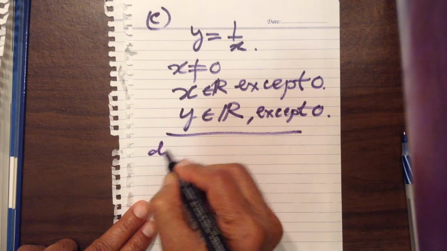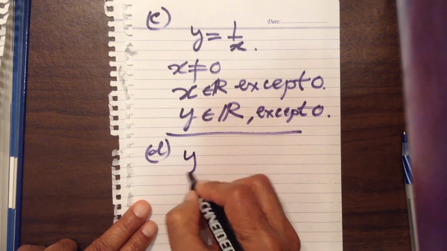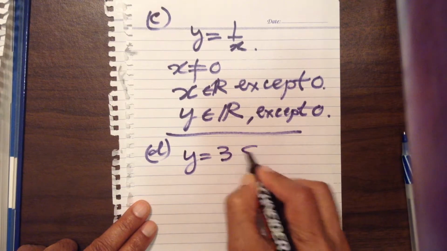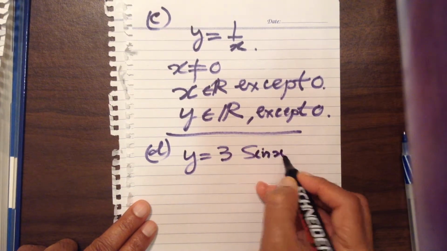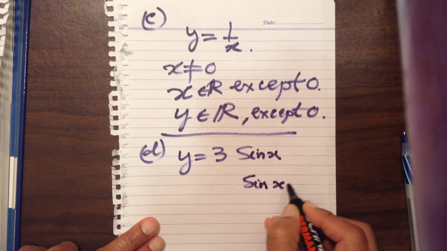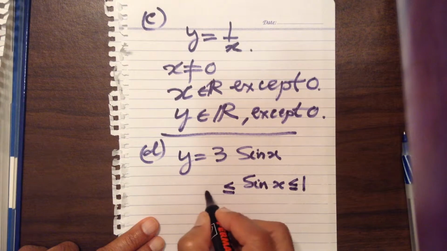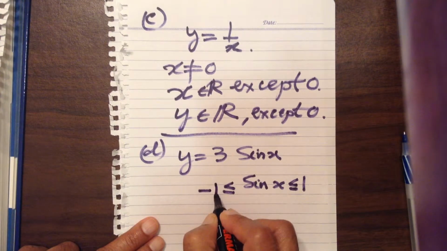Let us do D. D says y is equal to 3 sin x. Well, we know that sin x cannot exceed 1 and cannot go below -1.